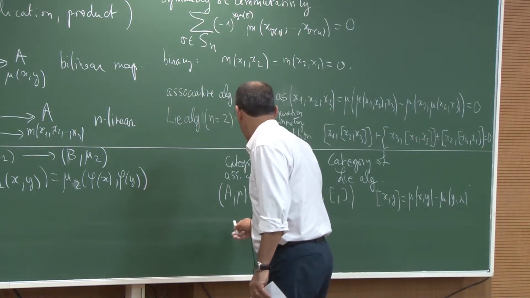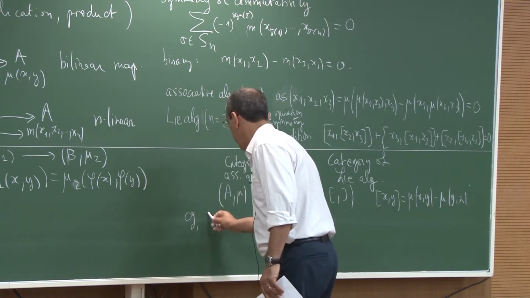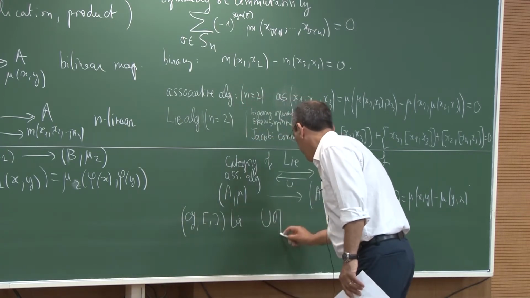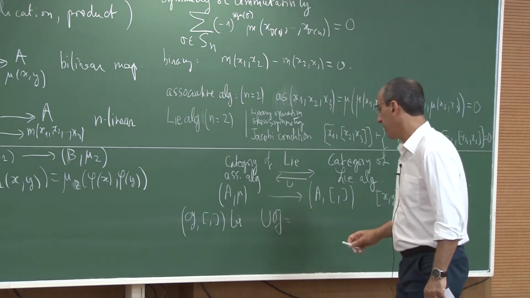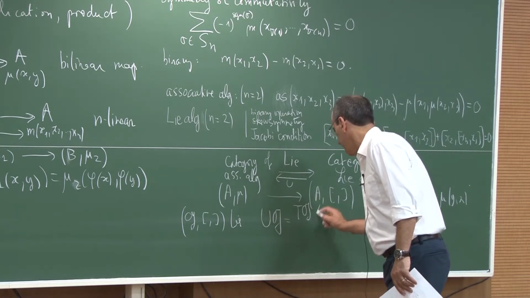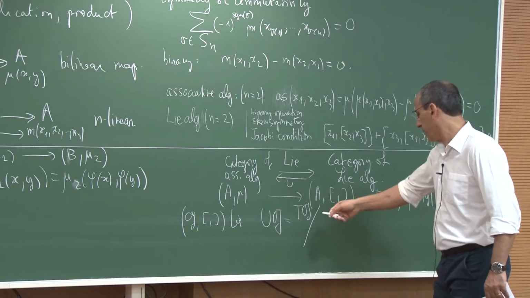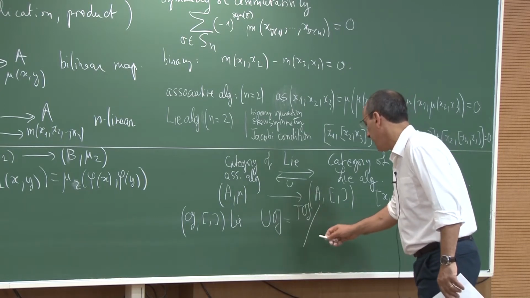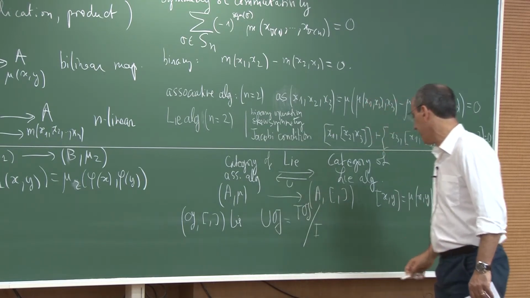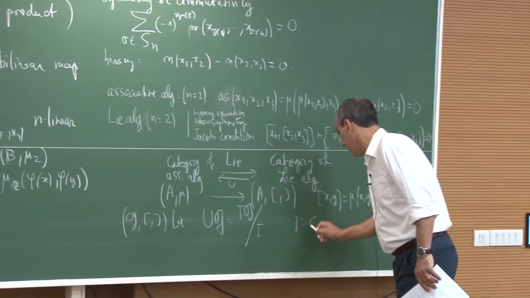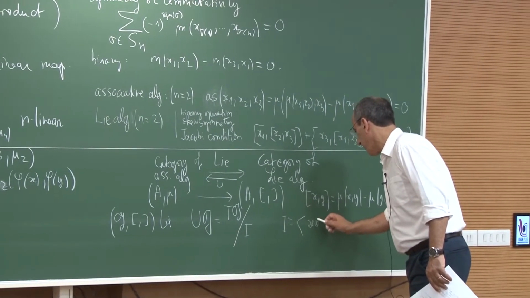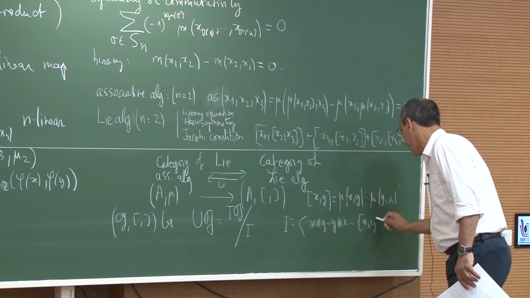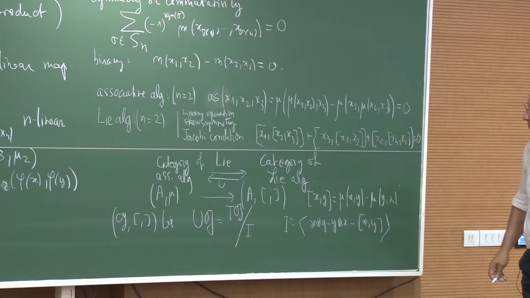If now we have g with the Lie bracket, then we define U(g) to be the tensor algebra T(g), which has an associative multiplication, quotiented by the ideal I, where I is generated by x tensor y minus y tensor x minus the bracket of x, y.